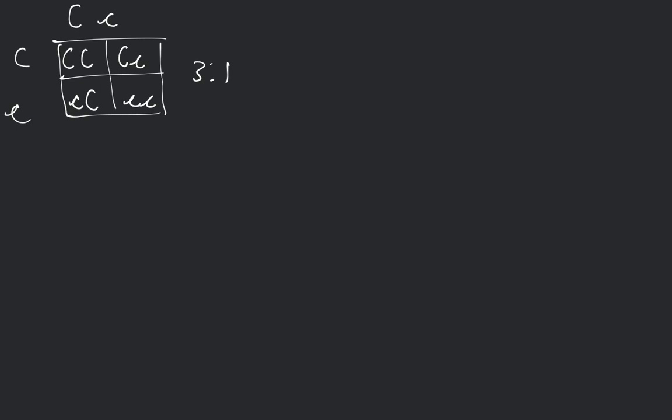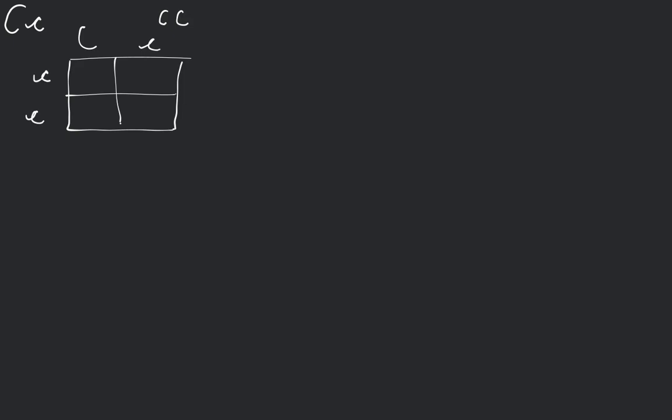So what we will do here, we will cross a heterozygous dominant and a homozygous recessive. When we cross these, what we will get: capital C, small c, small c, capital C, small c, and small c.